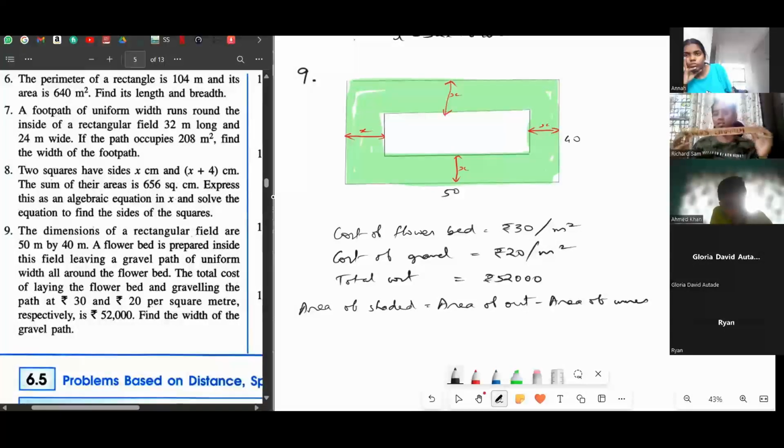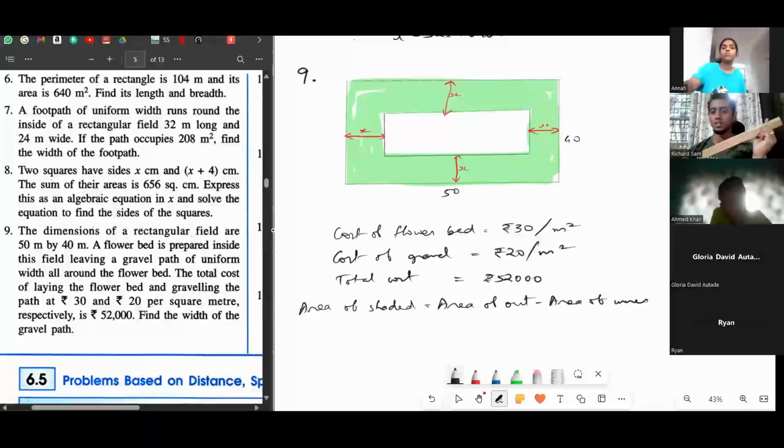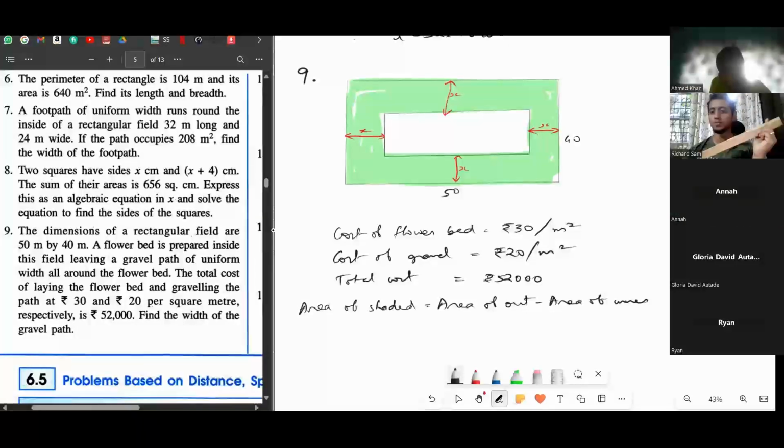This is the length. Look at my hand, this scale, this is the length. Now from both the ends, they're minusing x. So now the length is this much. Minus x from here, minus x from here also. From both the sides, the total is 50. So what is this much now? 50 minus 2x.